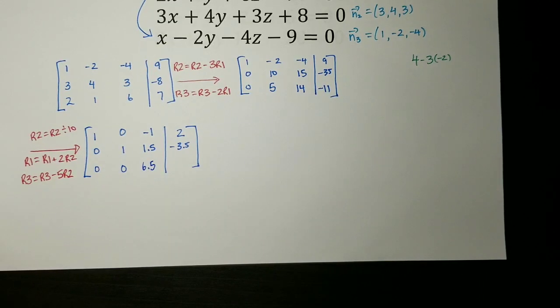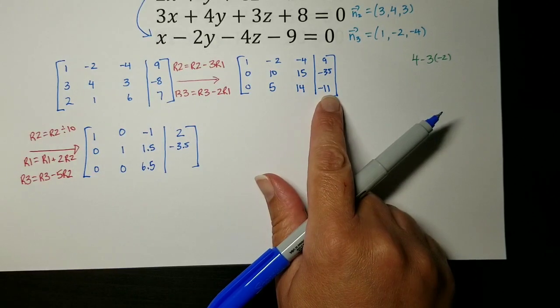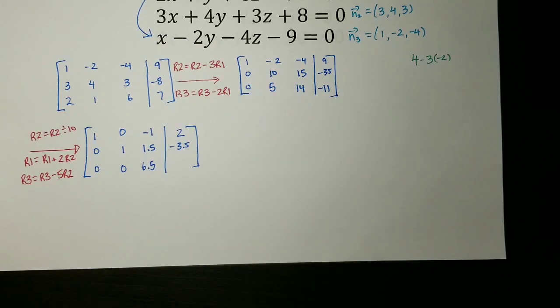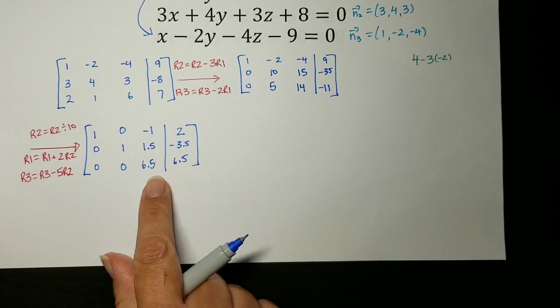And I'm on my calculator at this point because I don't want to get mixed up. And then negative 11 minus 5 times negative 3.5 is 6.5. And that works out really nicely.